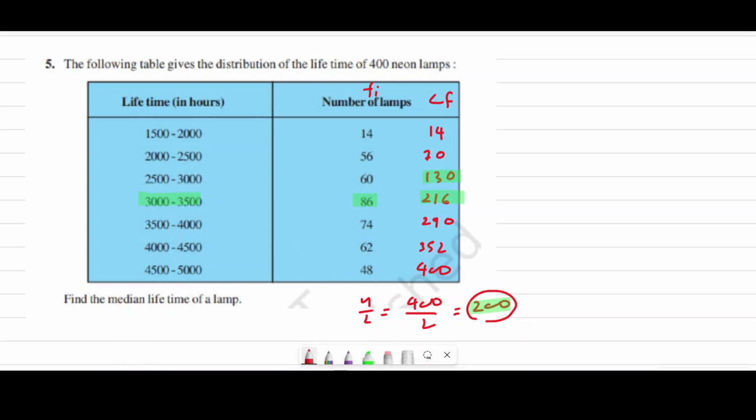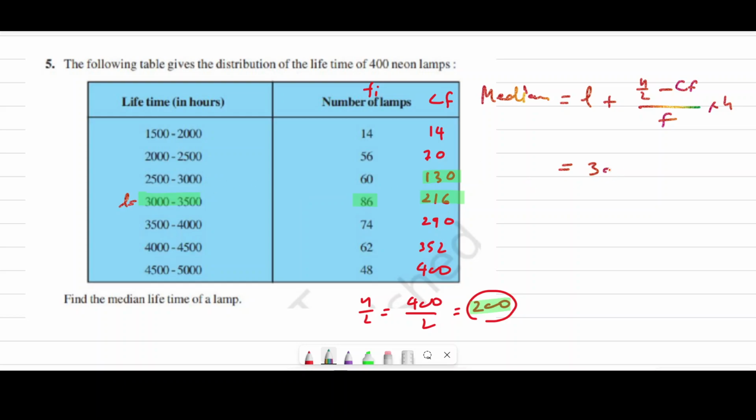Now for this we should use the formula for median, that will be L plus n by 2 minus CF by F into H. So L is given; what is the value of L? That is 3000. This is the L.